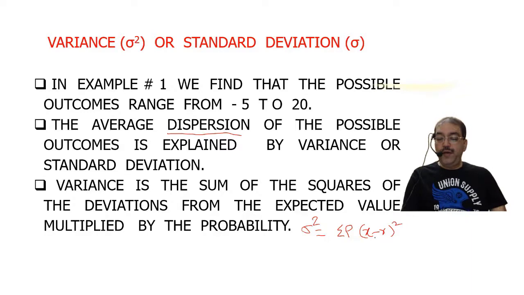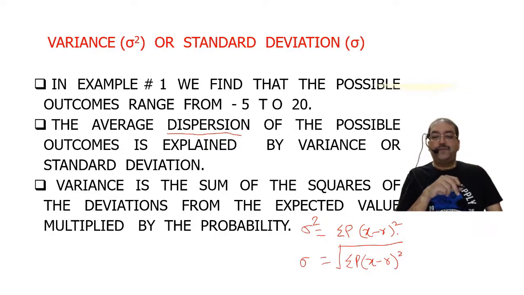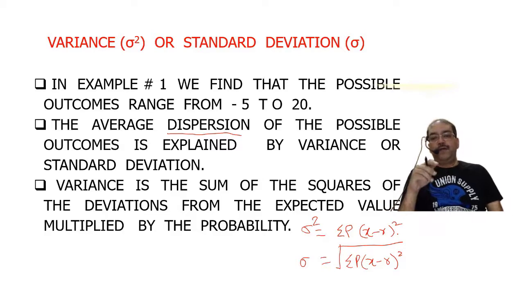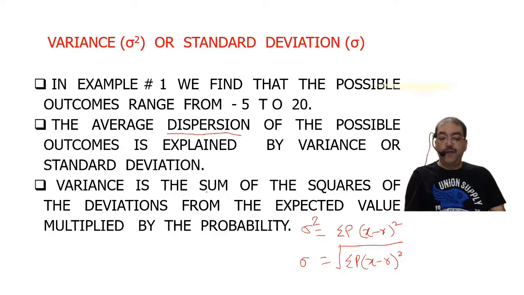The summation of p into x minus r the whole square is equal to variance. Standard deviation is the square root of this. So from the definition you get the formula. Variance is the summation of the squares of the deviations multiplied by the respective probability.